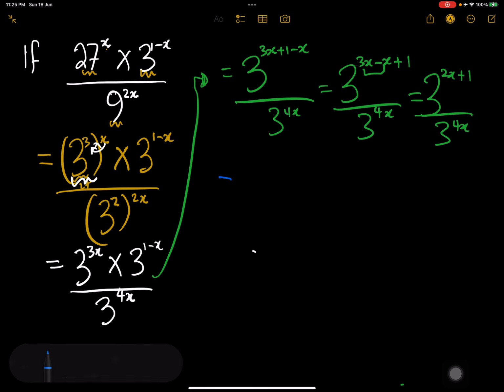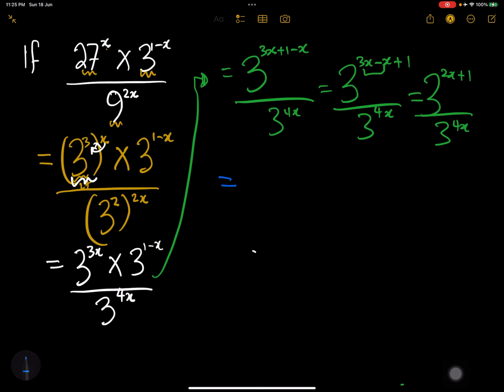The next thing is to apply the rule of division if the bases are the same. And that is, write 3 to the power of the numerator, 2x plus 1, minus the denominator's power, minus 4x. Yes, minus 4x.